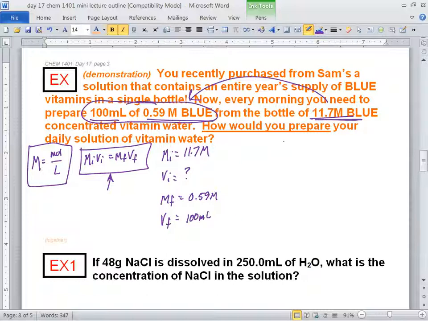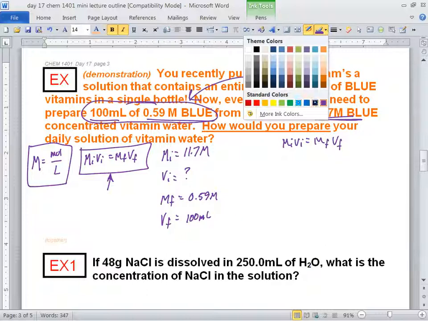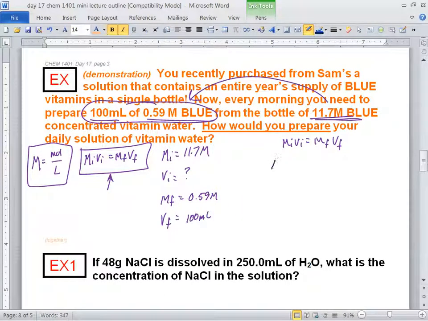So let's do that. Now I'm just going to leave things in milliliters. Why not? Mi 11.7. Vi equals Mf, 0.59 molar, Vf, 100 milliliters.